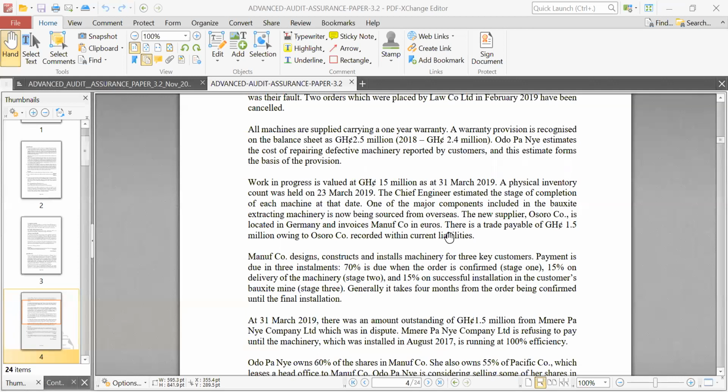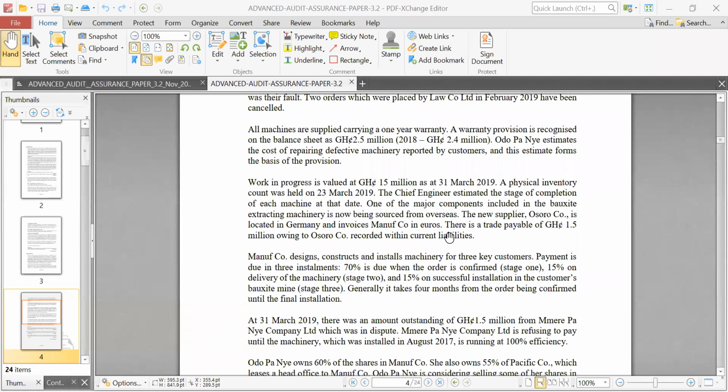Once you have that clear, that alone can help you fetch some marks. For warranty provisions, usually the provision is made based on revenue. So if the revenue increase doesn't seem to match the warranty provision increase, there's probably an understatement or under provision. So that's the first significant audit risk.